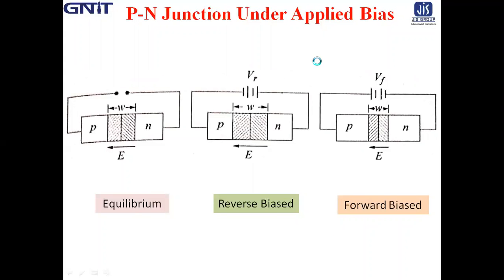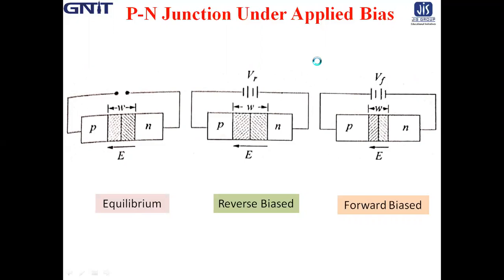When an electric field is applied across the PN junction, a net current flows through the junction, since the drift and diffusion currents do not balance each other under non-equilibrium condition.